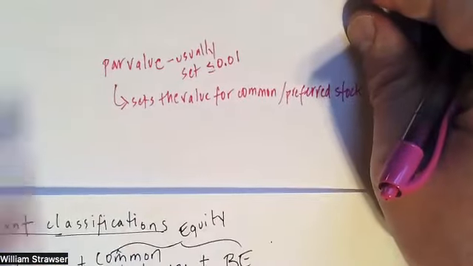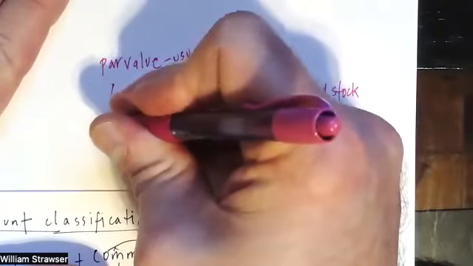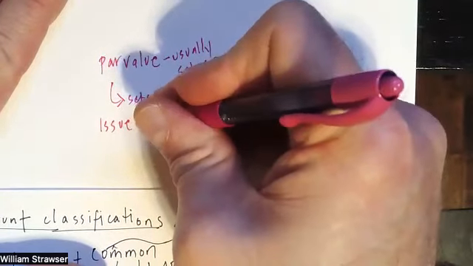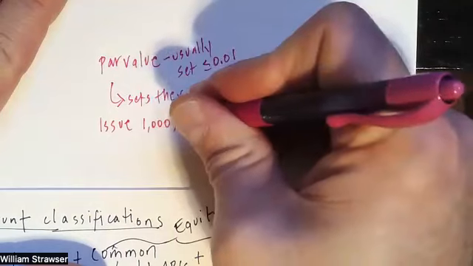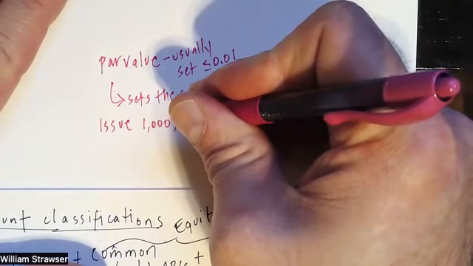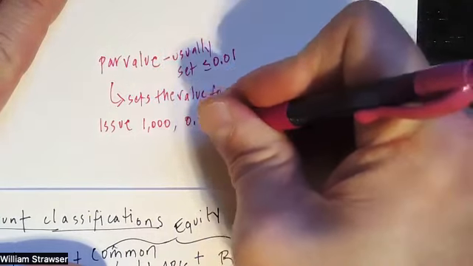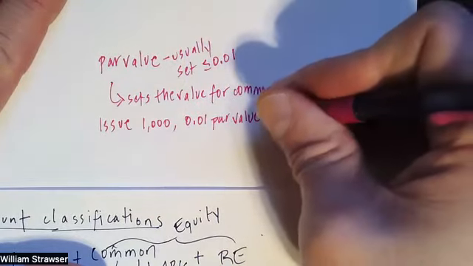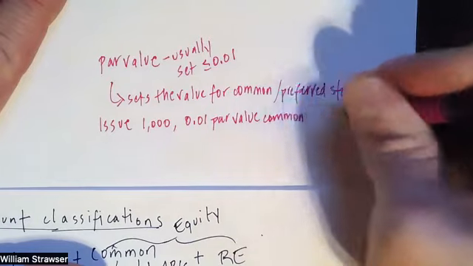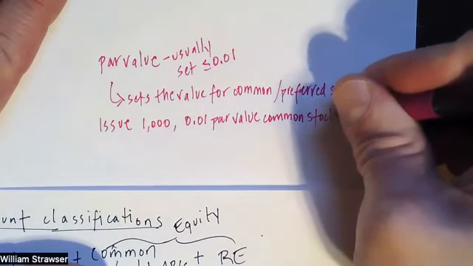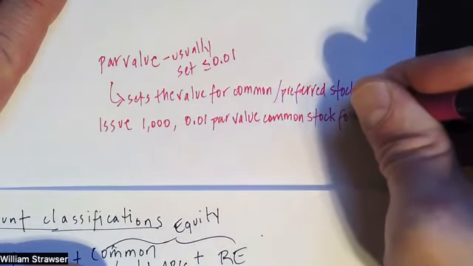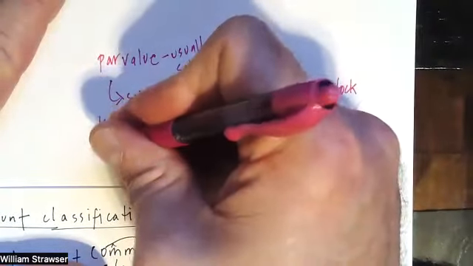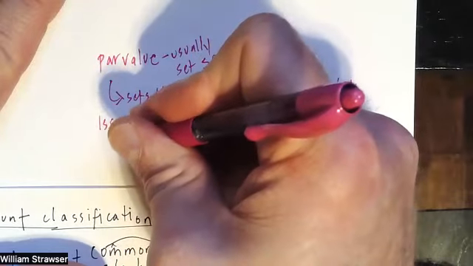let's say that I issue or sell, issue is just another name for sell, 1,000 1 cent par value common stock for $5 a share.